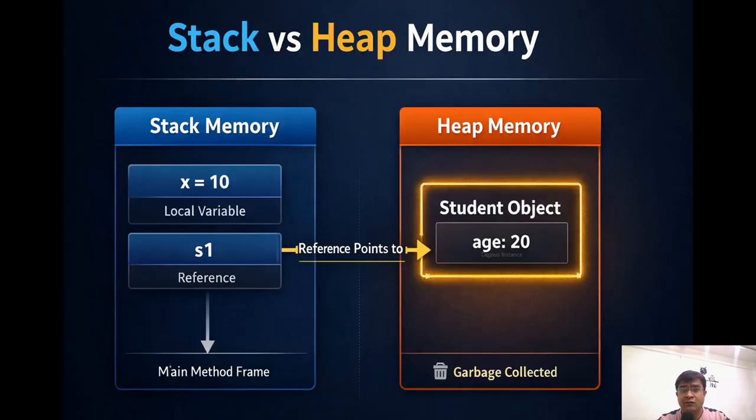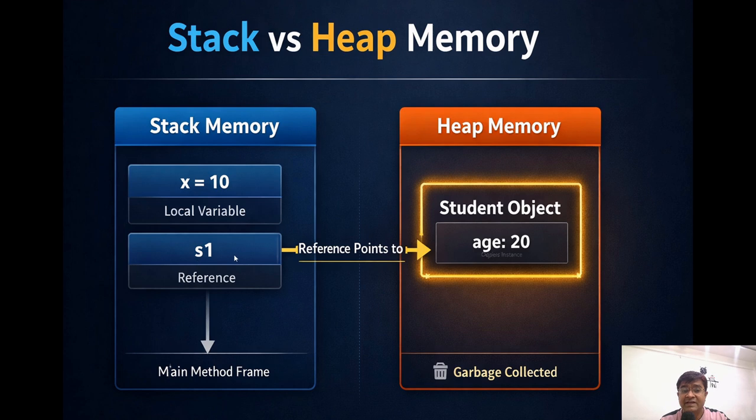So this is the exact diagram of stack versus heap memory. When the main method is called, a stack frame is created in the stack memory, and inside the frame the local variable x equal to 10 is created. Then the reference s1 is created.